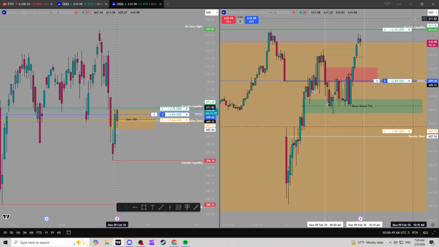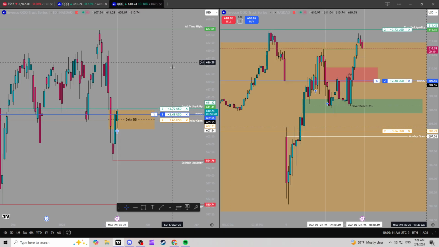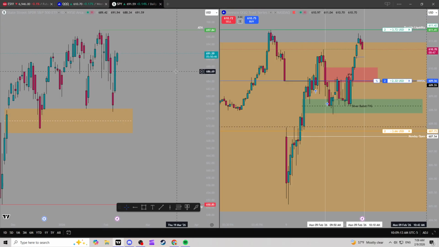Definitely want to see this target reached in the next minute. So this very next candle, I'd be extremely joyous should we reach our target. Take a quick look at SPY. SPY hasn't gotten there yet.